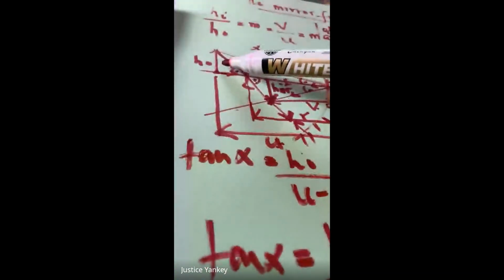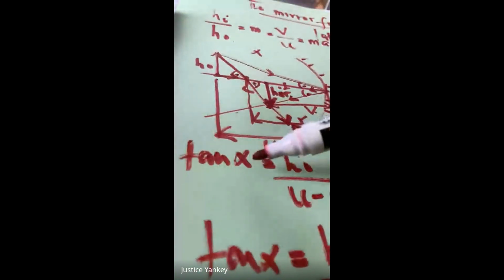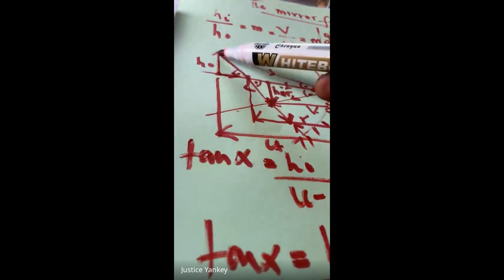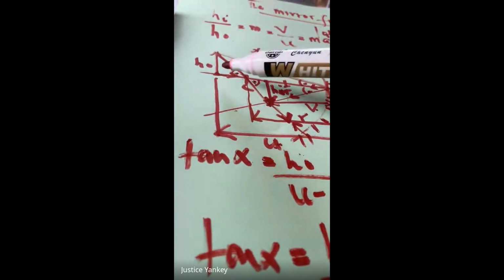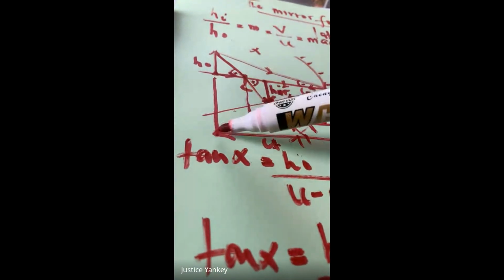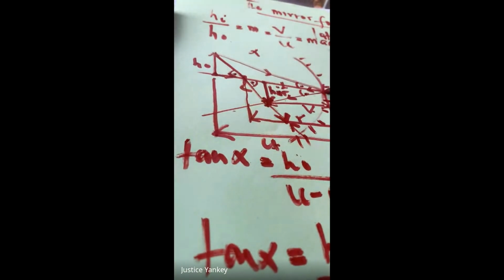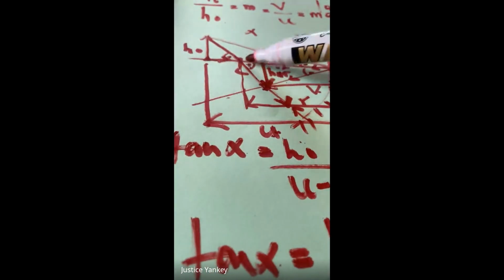Okay, so from the first triangle involving the object, tan alpha is h naught, height of object, divided by this distance, which is u minus r. I've written it here. Then for the second triangle also involving the angle alpha, tan alpha equals opposite, which is height of the image, divided by this short distance.